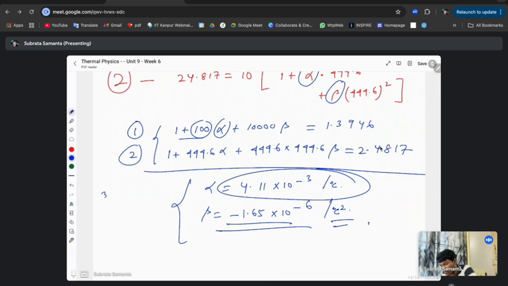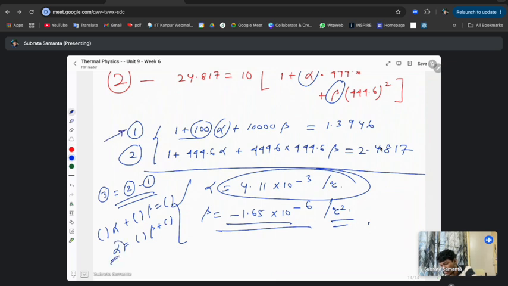So you can get the third equation, which is basically 2 minus 1, and in this equation there is only alpha and beta. So some coefficient times alpha and some coefficient times beta equals some number, right? Then we can write alpha in terms of beta plus some number, and plug this alpha value into equation number 1.